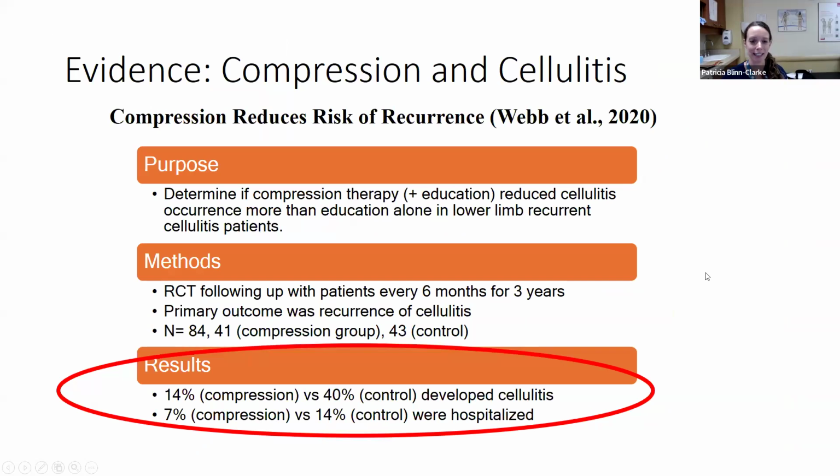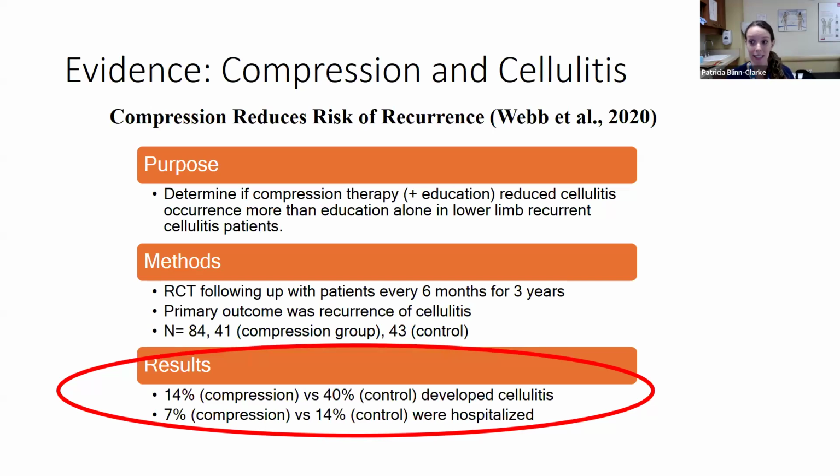This is just highlighting a study that looked at people with lower extremity lymphedema who had had at least one episode of cellulitis already. Half of the group got compression, half of them didn't. They found that only 14% of people who were using compression got cellulitis versus 40% of the control.